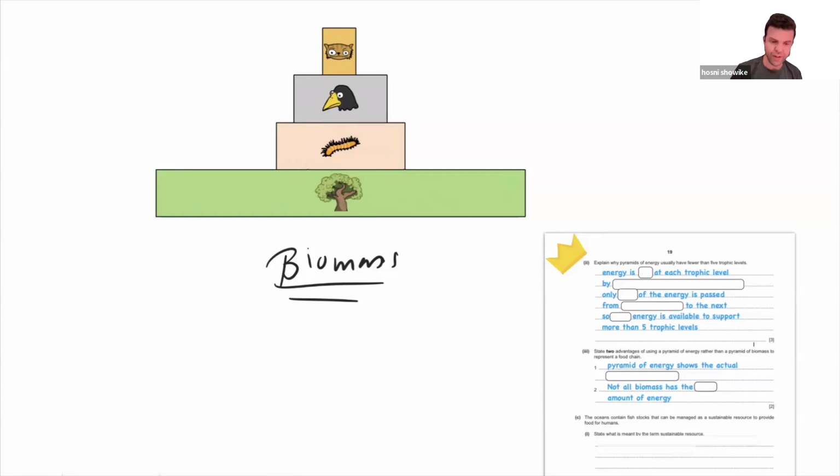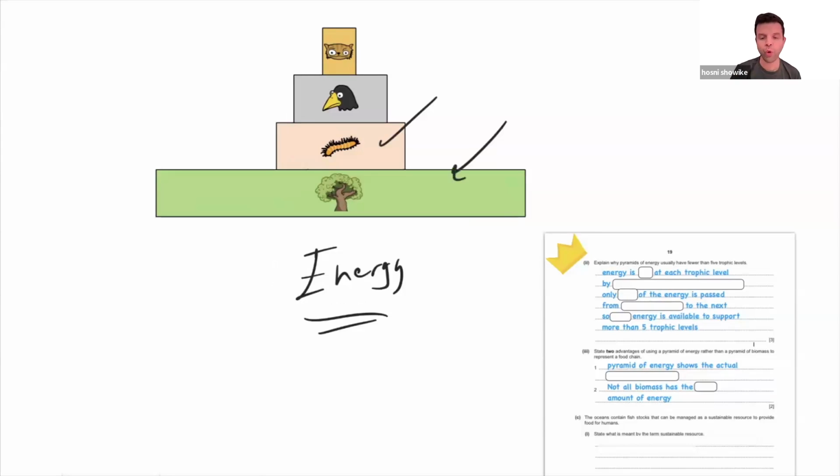What could be even better than the pyramids of biomass is if you could measure the energy. If you measure the energy stored at each trophic level, that would be the best case. You know why? Because there's no way that the energy is going to be less in any trophic level than in the plants themselves, because plants are the source. Plants get all the energy and they pass it on to other trophic levels.